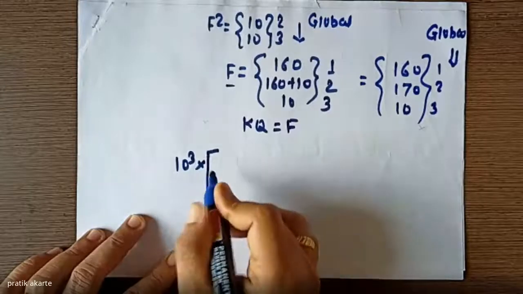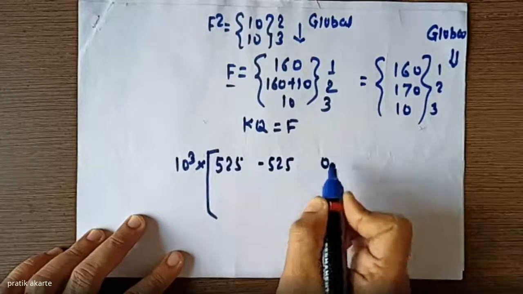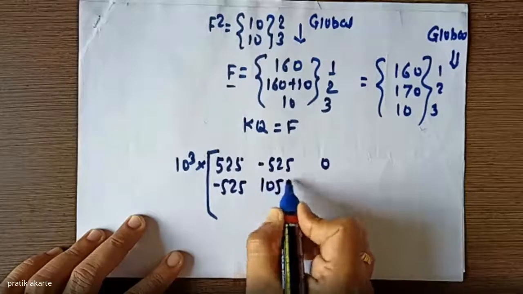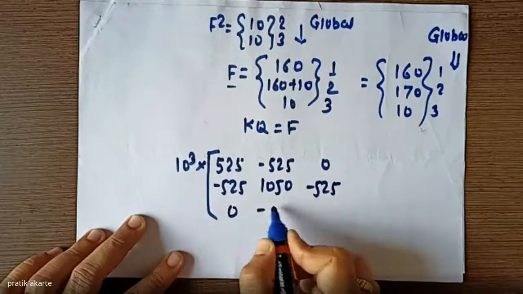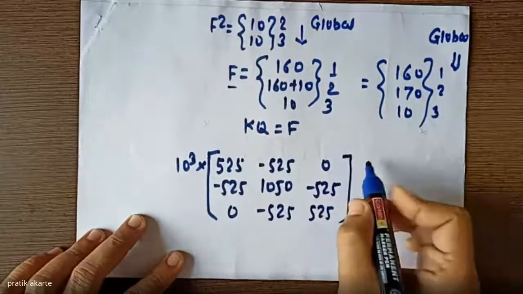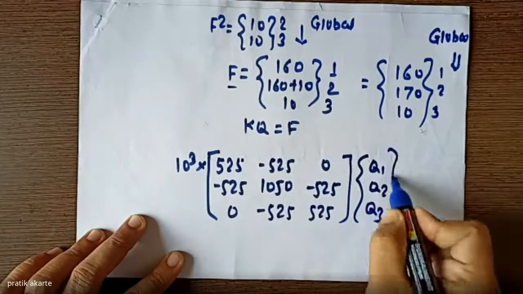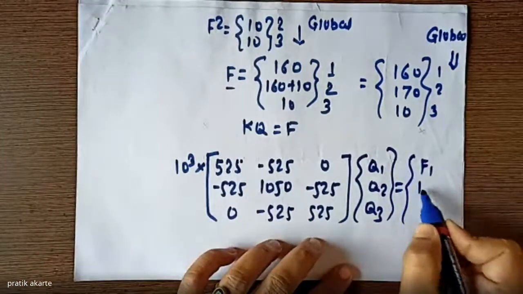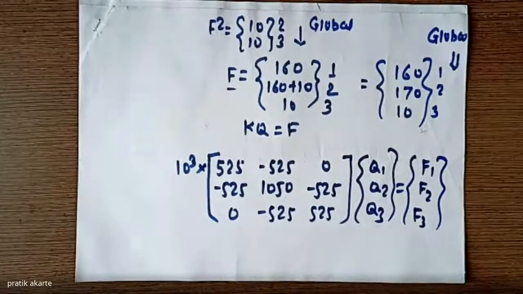Writing the global stiffness matrix: 525, minus 525, 0; minus 525, 1050, minus 525; 0, minus 525, 525; Q1, Q2, Q3, the 3 displacements, and forces as F1, F2, and F3 at node number 1, 2, and 3.